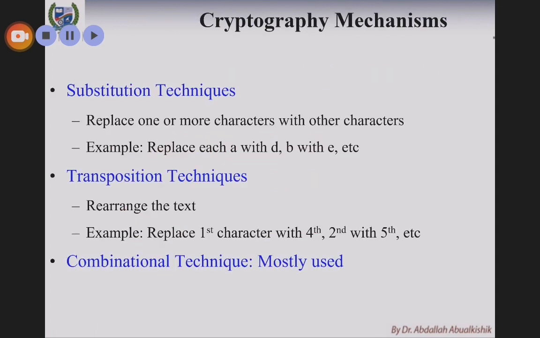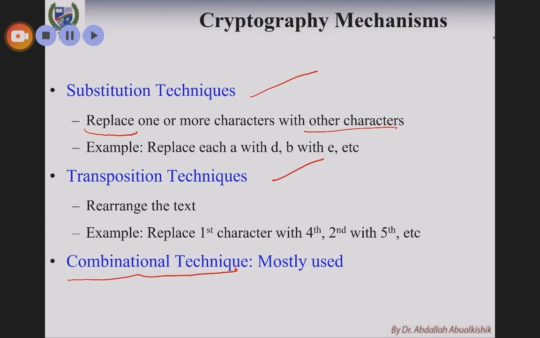From a different perspective, we can also classify the encryption algorithm based on the way they work, the mechanism. So we can say that there is a technique called substitution, there is a technique called transposition, and there are some algorithms following both techniques. In substitution, we replace one or more characters with other letters.